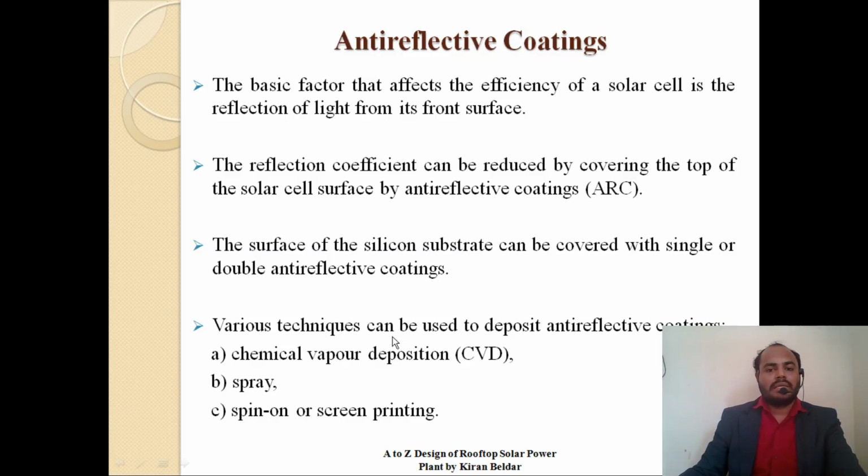Next are the various techniques we can use to deposit the anti-reflective coating. The major techniques are chemical vapor deposition, spray and spin-on, or screen printing for depositing the anti-reflective coating over a solar cell.